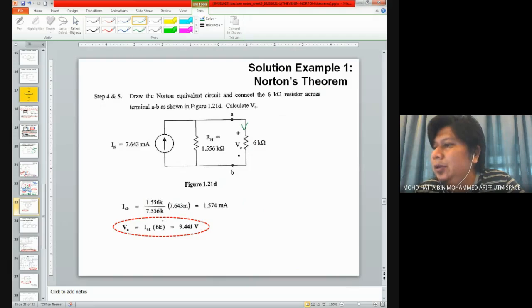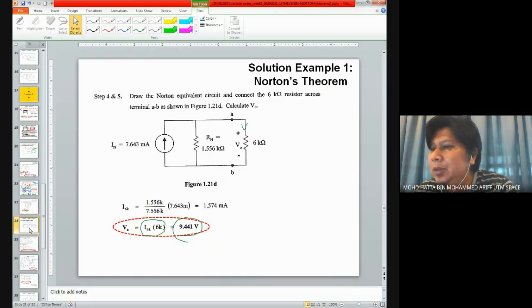To get the voltage across the resistor, you just apply simple Ohm's law: once you find the current flowing through it, multiply it with the value of the resistor, and you will get the voltage drop across that load resistor.